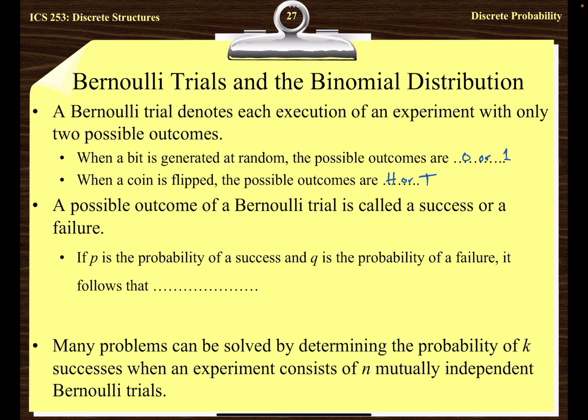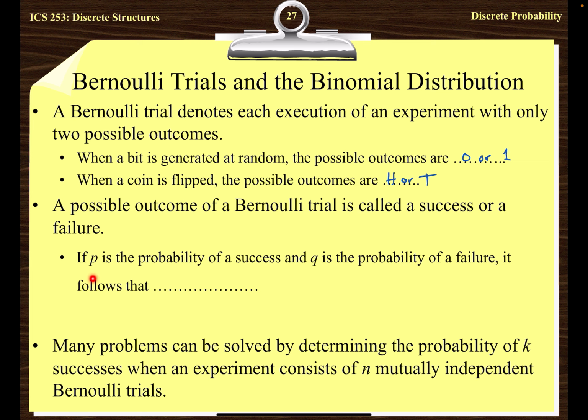So what does that give us? Well, this allows us to classify the outcomes as success or failure. For example, for 0 and 1, you can consider 0 as failure and 1 as success. So a possible outcome of a Bernoulli trial is called a success or a failure.